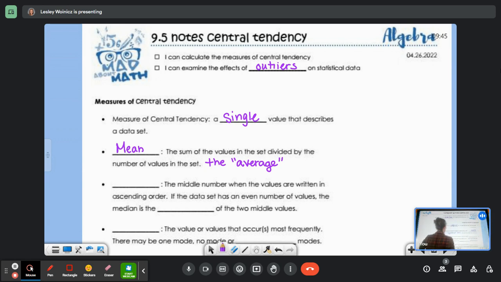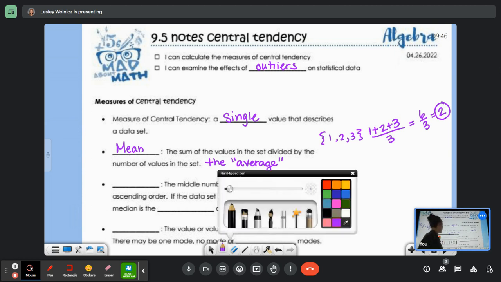So let's say that I had the set 1, 2, and 3. I would just add 1 plus 2 plus 3, and then divide by 3 numbers that are in the set. 1 plus 2 is 3, plus 3 is 6. 6 divided by 3 is 2, so the mean is 2. That's what we're talking about for mean.